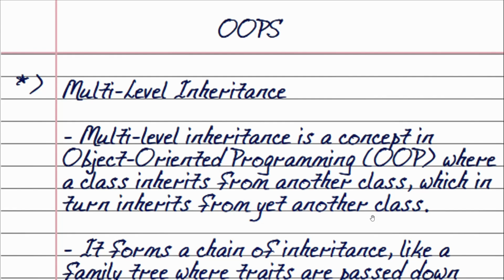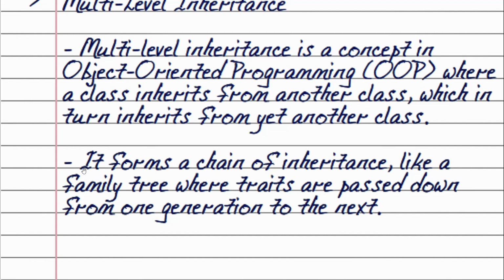In multi-level inheritance, there is one parent class and we have multiple child classes. Next point is that it forms a chain of inheritance like a family tree, where traits are passed down from one generation to the next generation.